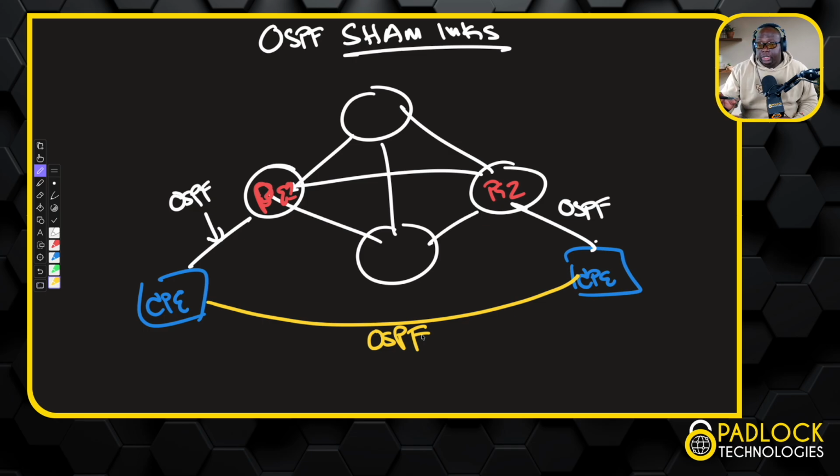Now, from PE to CE, we know, or if you haven't known, I do have some videos on that as well, but from PE to CE, when those routes come in, they're going to be coming in as OIAs, so inter-area routes. Now, they're going to come in as that because technically, behind the scenes, when you configure the process ID, it configures the domain ID as the same. So let's say the domain ID is 1, right?